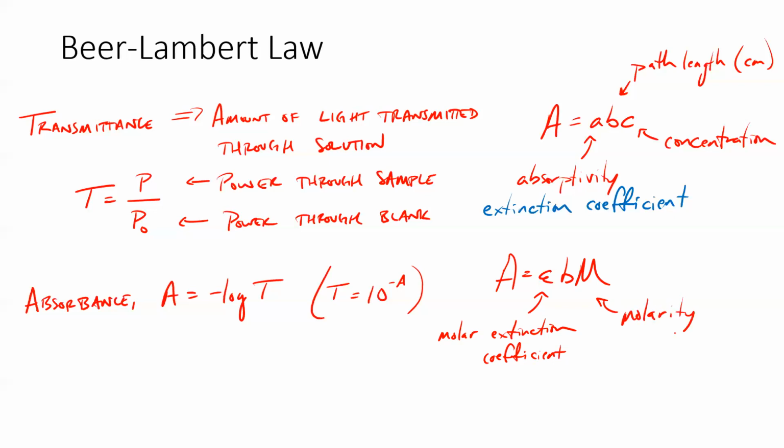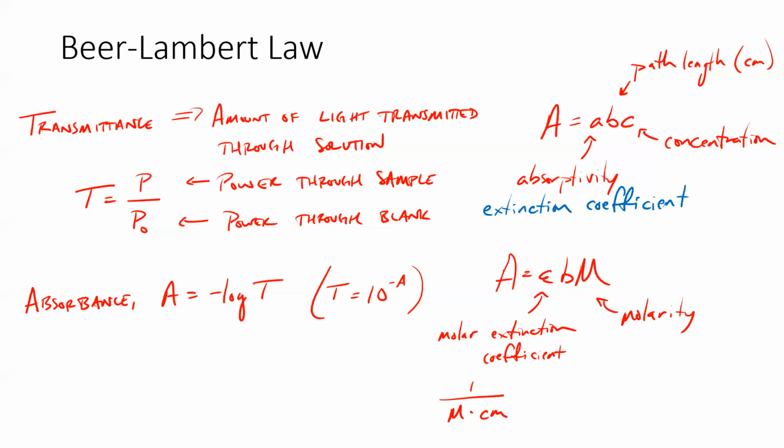the molarity. And most of you figured it out last week what the units on an extinction coefficient should be, right? It's 1 over whatever our concentration units are times our path length units. And that's because absorbance is a unitless number, right? We have power over power to get transmittance. Of course, those units then cancel, so transmittance is also unitless. And when we use logs, of course, we can't have units inside a log.